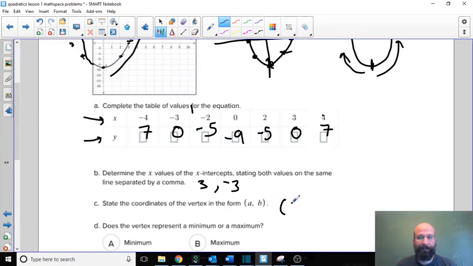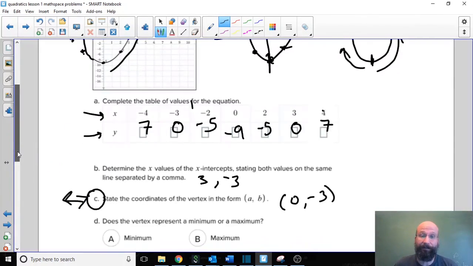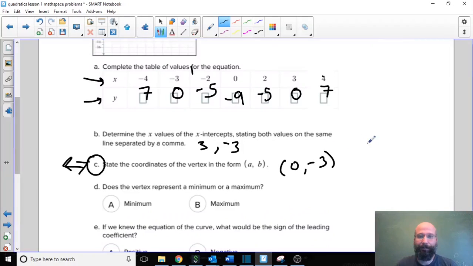So that's going to be 0, -3. Actually, honestly, this one doesn't come into play until next lesson. I probably shouldn't have put this problem up here, but that's okay because you have the video. The vertex is the lowest point on a quadratic, or if the quadratic goes this way, it's the highest point on a quadratic.